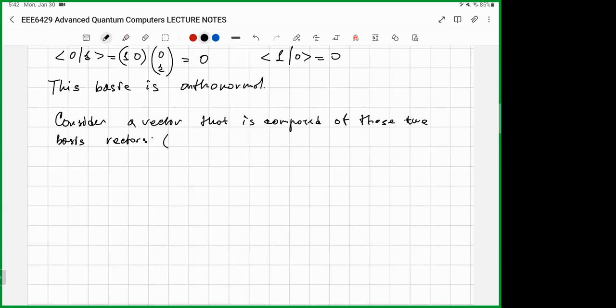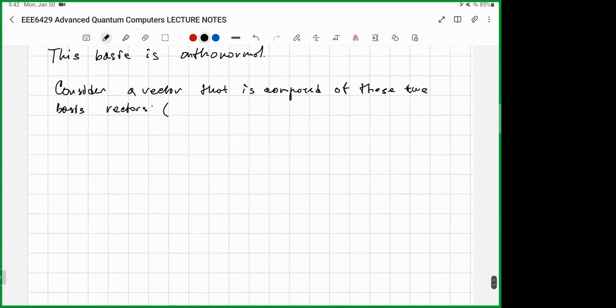Or in other words, I now consider the vector that represents the superposition of the basis vectors.